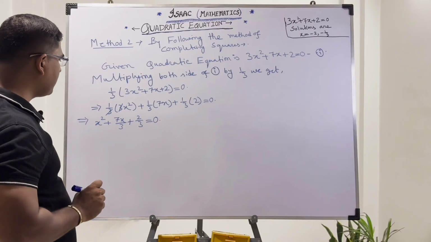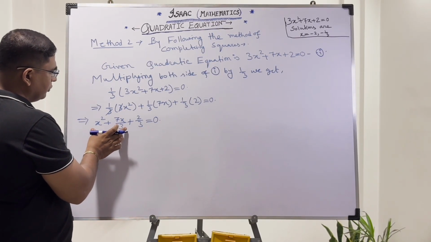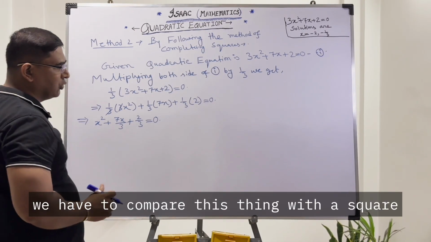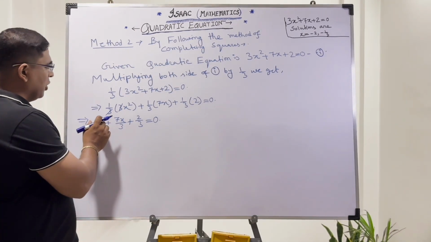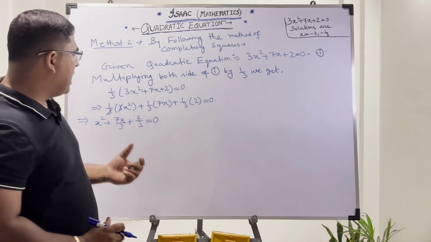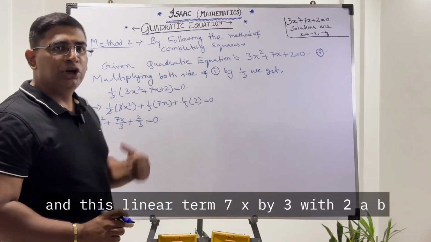Okay. Now we have to compare this thing with a square plus 2ab. That means we have to compare this x square with a square and this linear term 7x by 3 with 2ab.